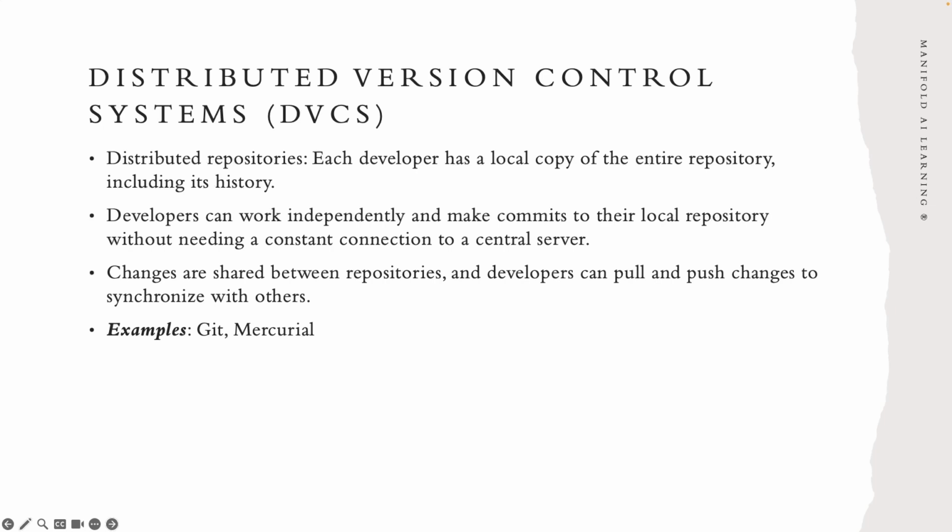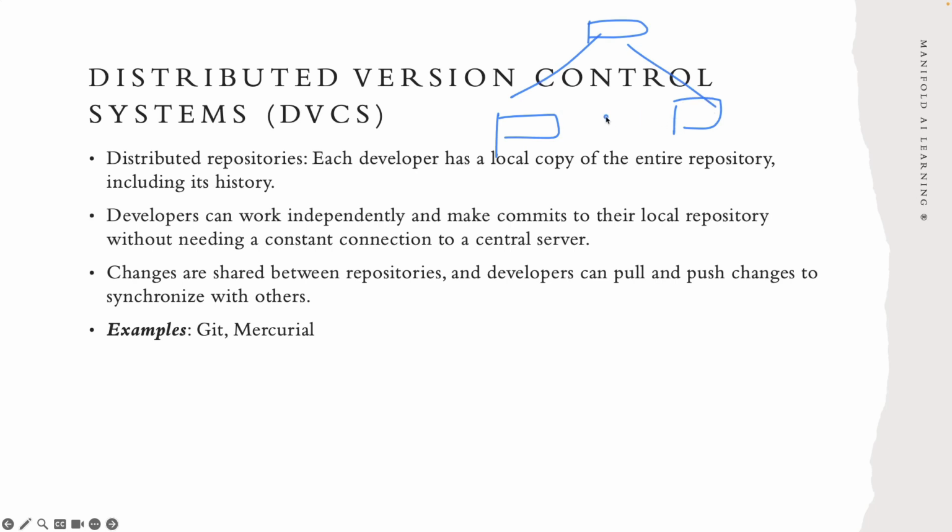Here, each developer will have a local copy of the entire repository, which means if I have two people working in my project, both of them will have the entire copy of my entire repository.